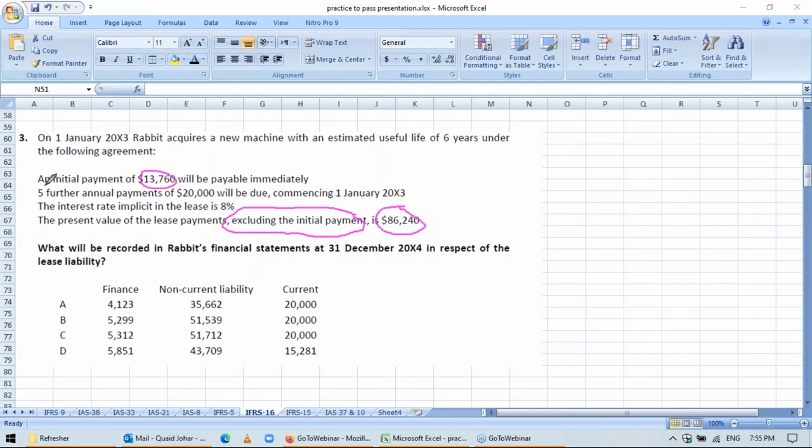And then there are further 5 annual payments of 20,000, which get due on 1st January 2003. So the payments are all in advance. In the earlier question, the payments were in arrears. In this question, the payments are in advance, right? So let's make that amortization schedule. All of these required figures will be found from the lease amortization schedule.